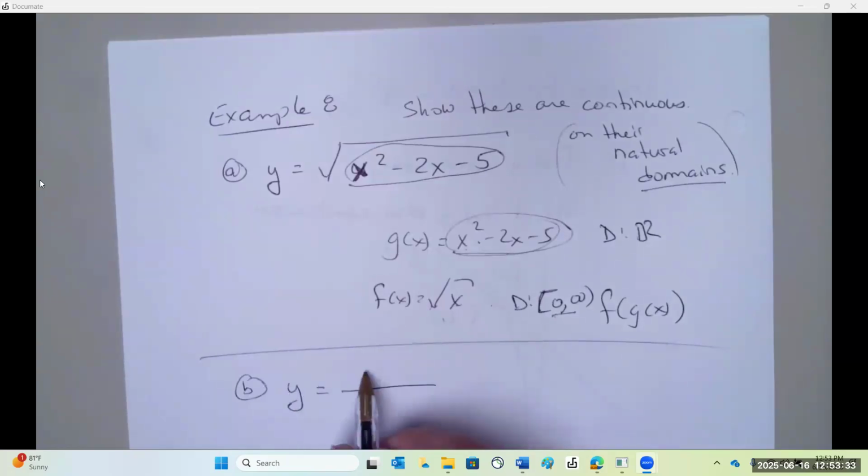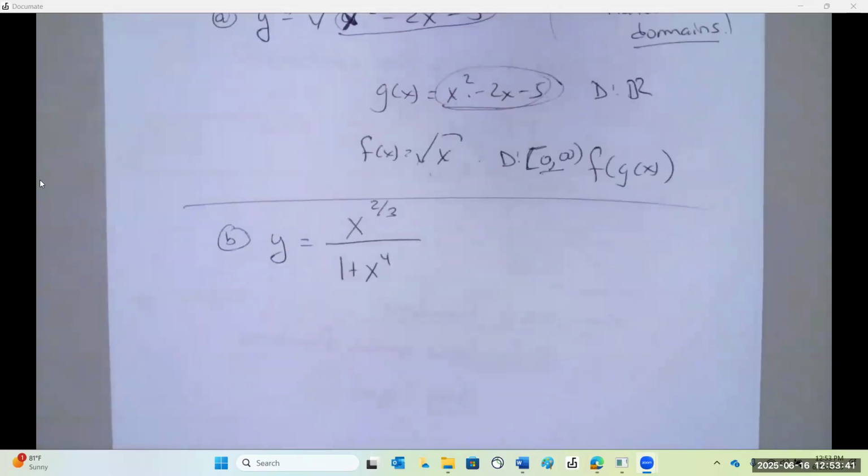Y equals x to the power 2/3, over 1 plus x to the 4th. Is this a composition of functions? Yes.